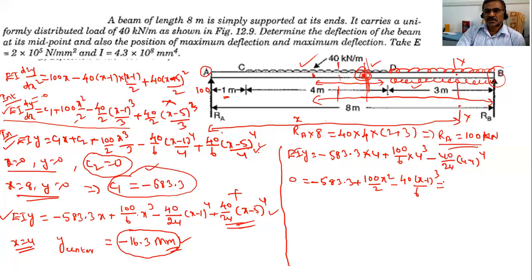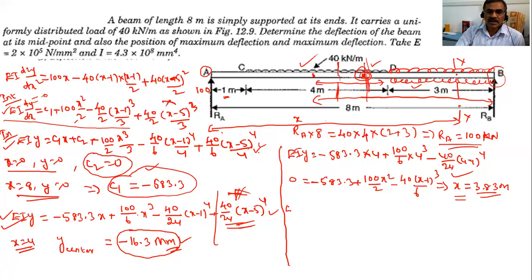If you solve this equation, you will get x is equal to 3.83 meters. So this is the location of maximum deflection. Now you substitute the value of x equal to 3.83 in the deflection equation. But you should not consider the last term, because we are taking axis here.